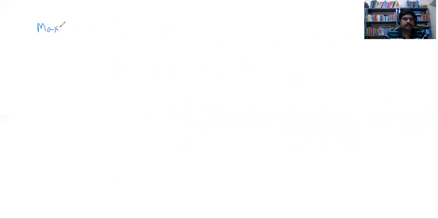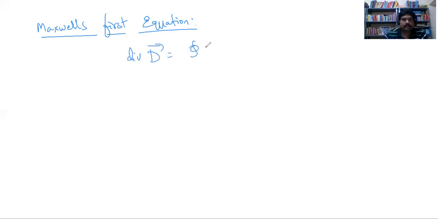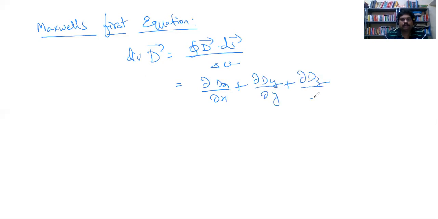Next, Maxwell's first equation. So what is Maxwell's first equation? We have already done this, we will formally do it. So we know that divergence of D equals D dot ds by delta V. So this is the same as dou Dx by dou x plus dou Dy by dou y plus dou Dz by dou z.